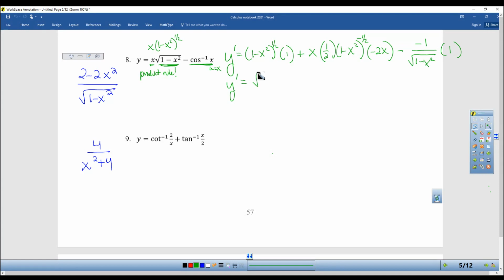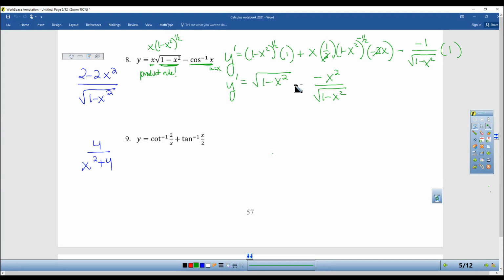So this is the square root of 1 minus x squared. This, the 2's cancel. The x times the x makes negative x squared. And that radical, I'm going to move to the bottom. 1 minus x squared, because it's a negative 1/2.